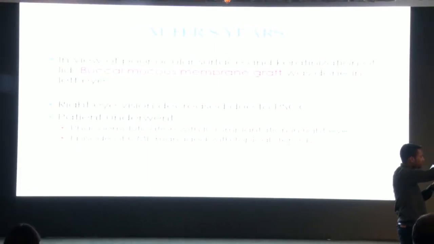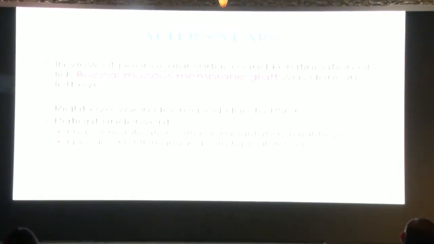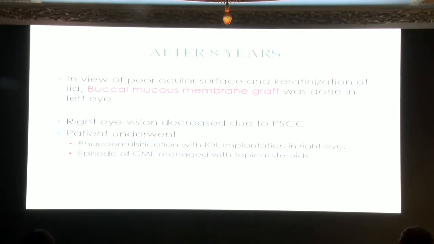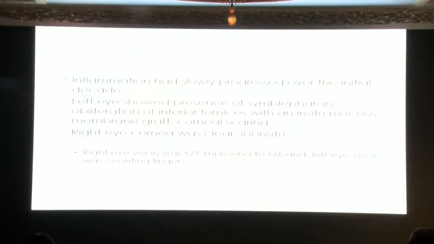He was still maintained on topical medications, topical cyclosporin, with the addition of topical steroids for the acute inflammatory episodes. However, since the ocular surface was very poor and the keratinization increased, we considered a buccal mucous membrane graft for the left eye. For the right eye, because of the presence of cataract, the patient underwent phacoemulsification with IOL implant.